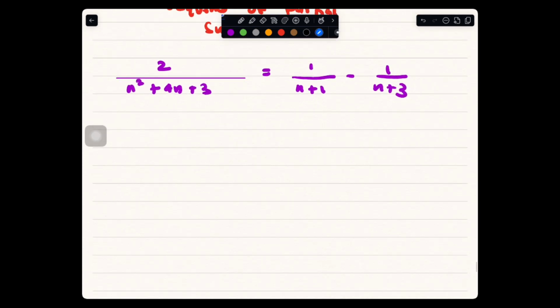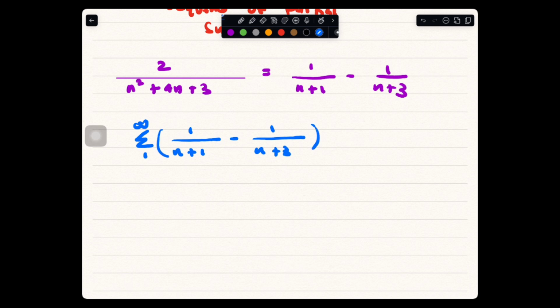So, like before, the series is really going to be the sum from 1 to infinity of 1 over n plus 1 minus 1 over n plus 3 now. So why is this nice? Because we're going to have that subtraction of terms now.